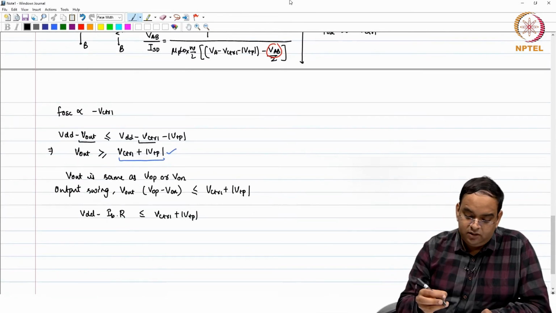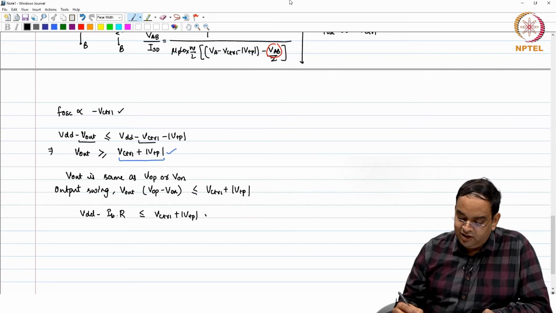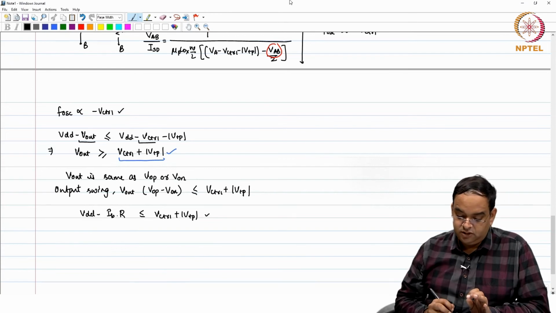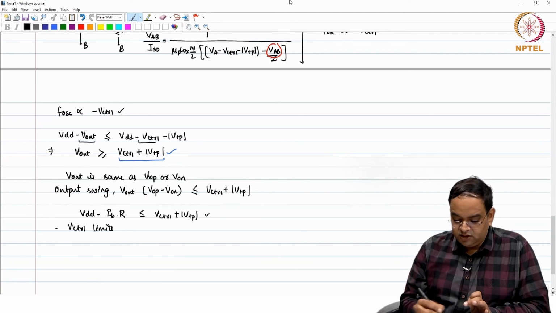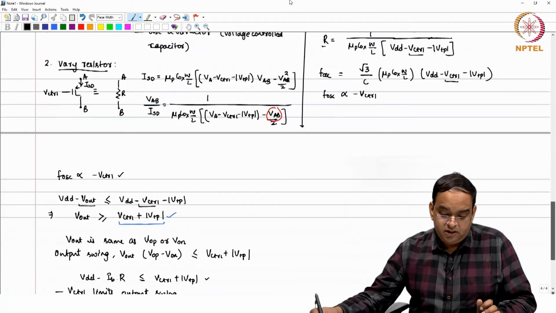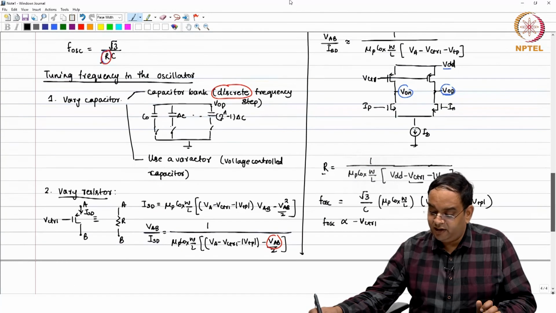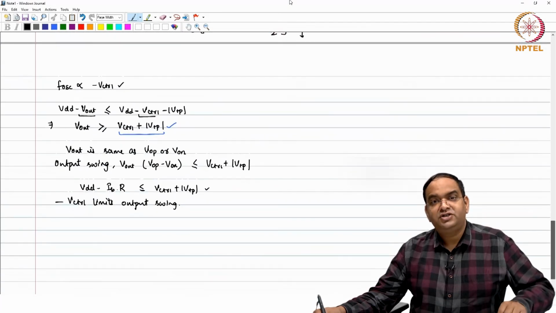V control controls the output frequency, and V control also limits the output swing. Now, come back to the problem that our output swing, which was IB times R earlier, and R becomes a function of frequency.